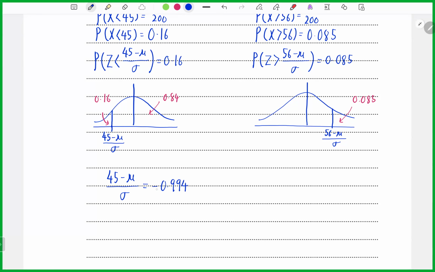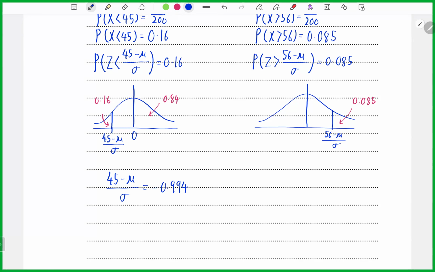You should put the negative because you see it's less than 0, the position is less than 0. And now we try to see.